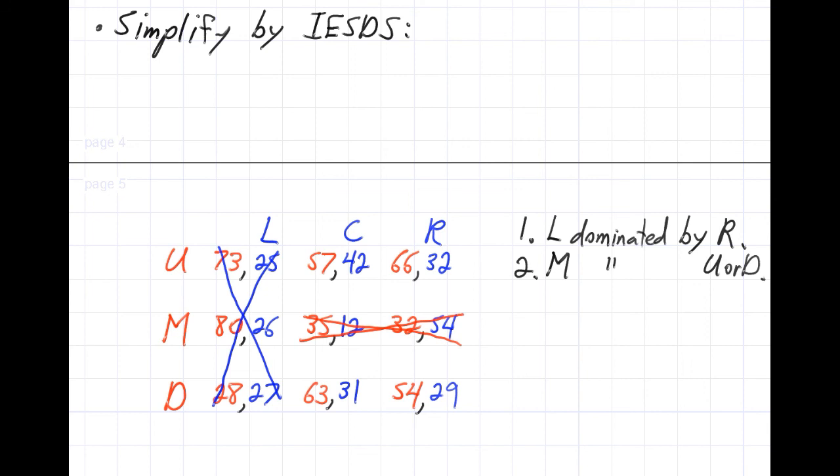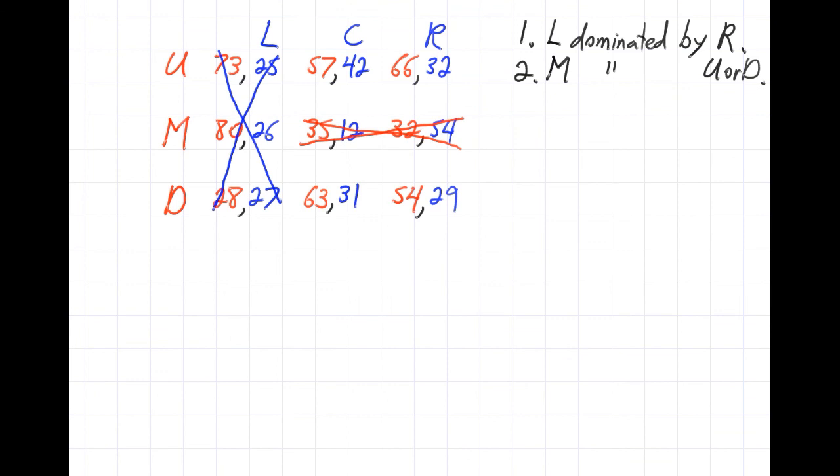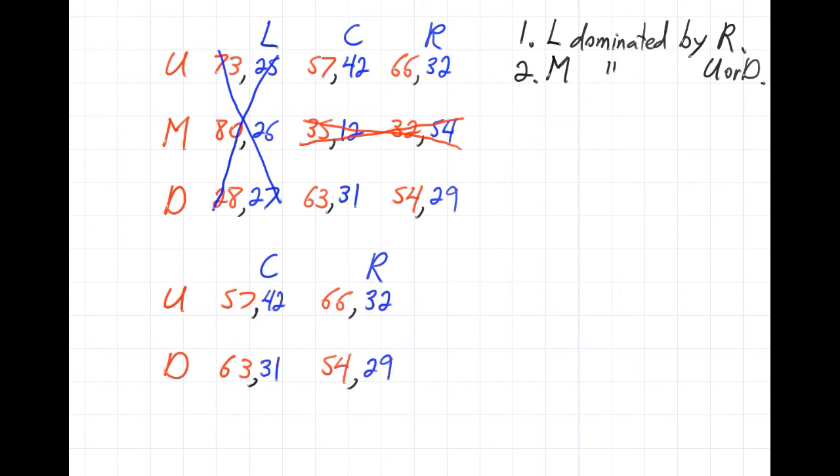And maybe what I should do is redraw this new simplified matrix. We are left with U and D, and the payoffs are 57, 63, 66, and 54. And we can fill in the rest for the column player. So our last step was to eliminate M for the row player. So let's go back and look at the column player again in this new simplified matrix.